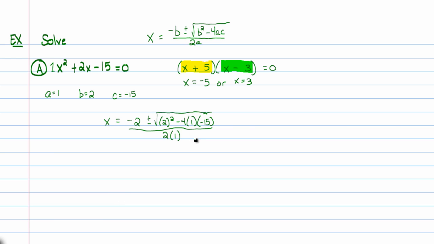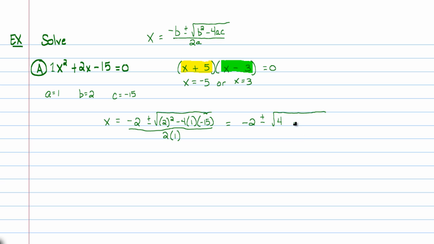Now you can see how bulky and horrible the quadratic formula can be if you have the better route, which is factoring. But if your trinomial doesn't factor, then the quadratic formula is the only way you can do this. Well, it's not truly the only way. Negative 2 plus or minus the square root. I'm just simplifying, so following the order of operations, I'll go inside the square root and take care of exponents.